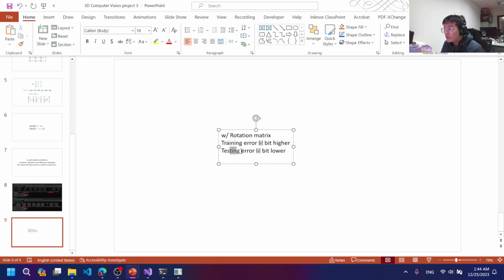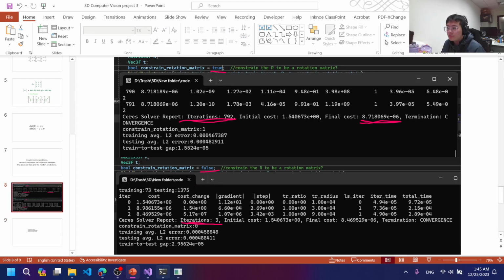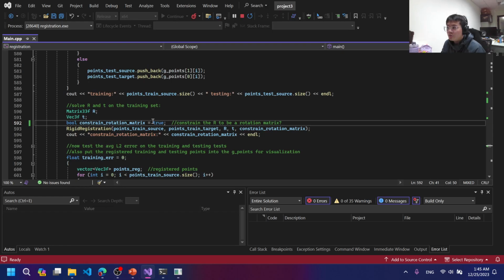And since the test error is a little bit lower, it means that it can generalize for predicting unseen values or unseen points. So that's why it's better to enable the rotation matrix.